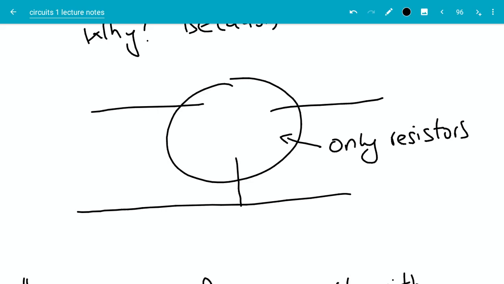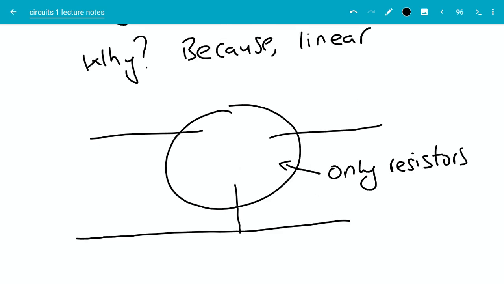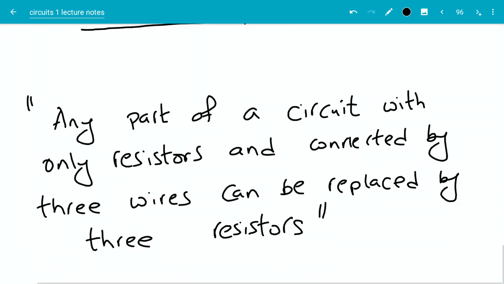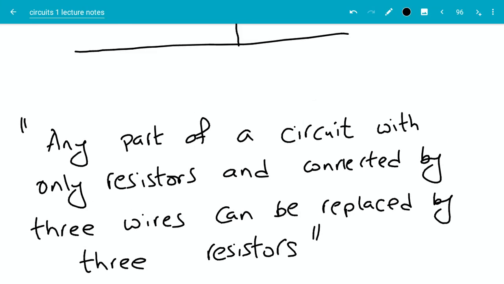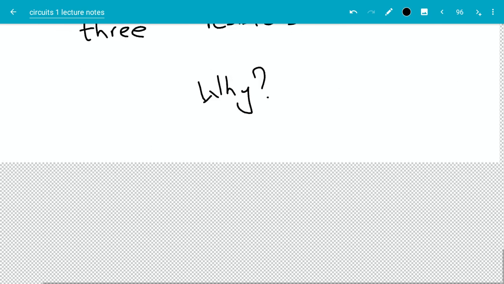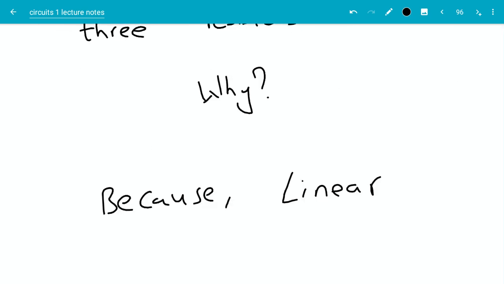So let's see how this applies to a slightly more complicated scenario. In this scenario, let's consider there's some part of a circuit which is made only of resistors, and there are three wires coming out of it. So in this case, we can make the following statement. Any part of a circuit with only resistors and connected by three wires can be replaced by three resistors. Again, you can ask the question why, and you guessed it, because linear.